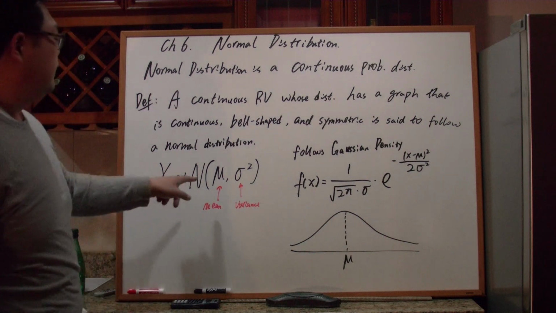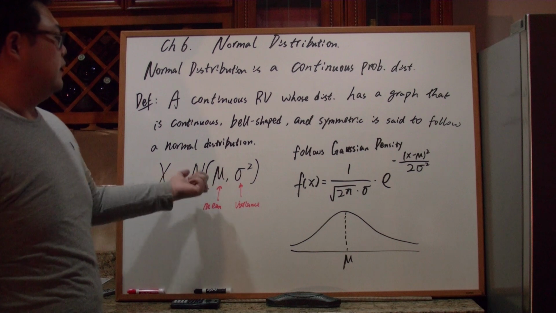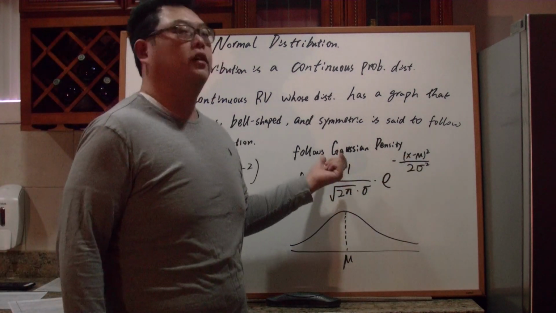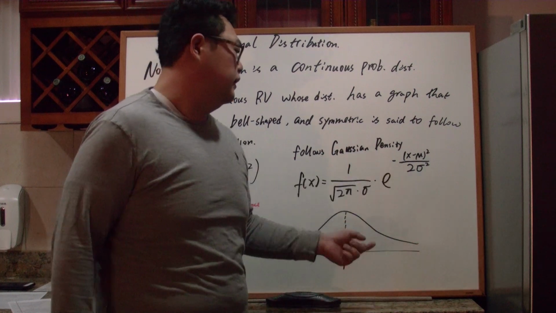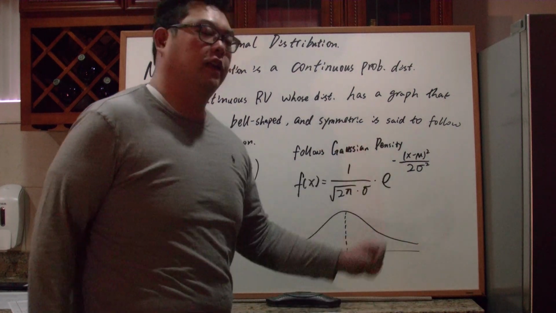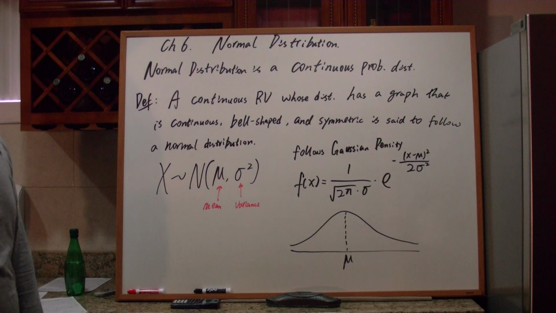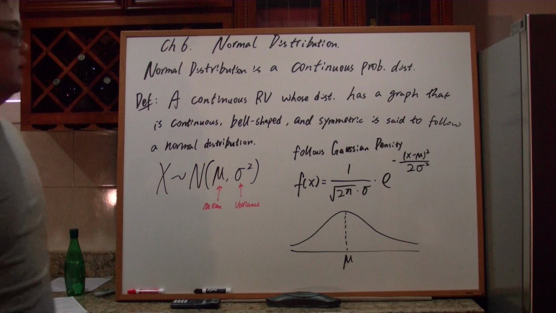The random variable has a mean and a variance. That is what it is, and the formula of the density is called the Gaussian density. Right, it is this one. e is the natural number you can find on a calculator, about 2.718, and so on.